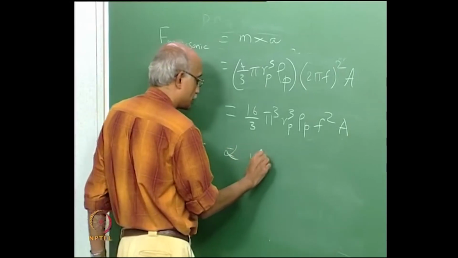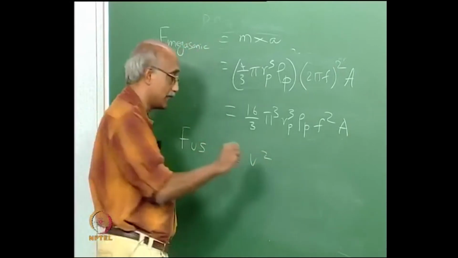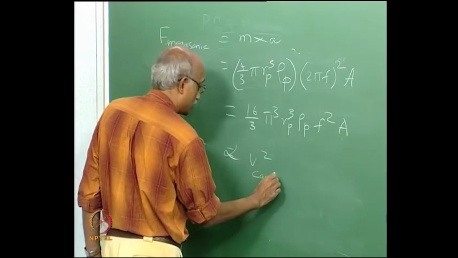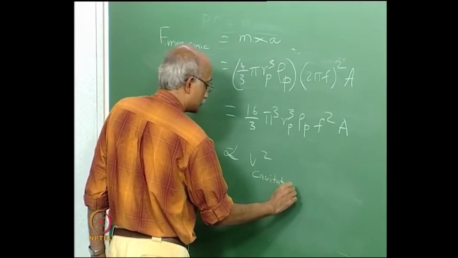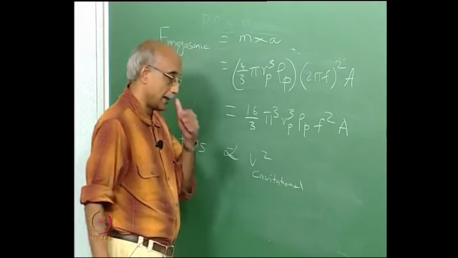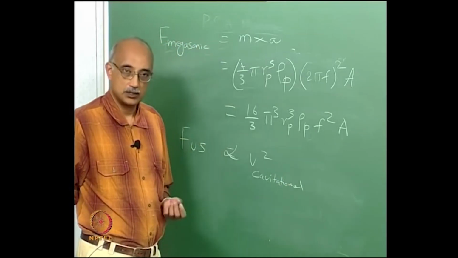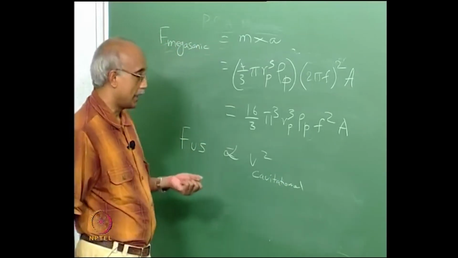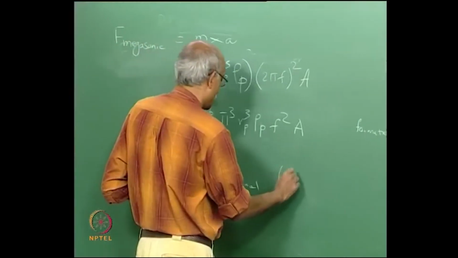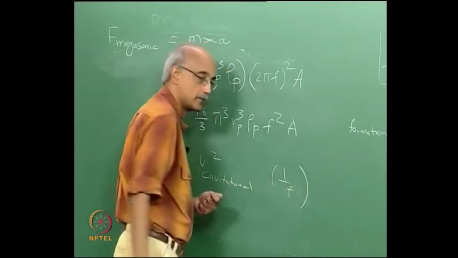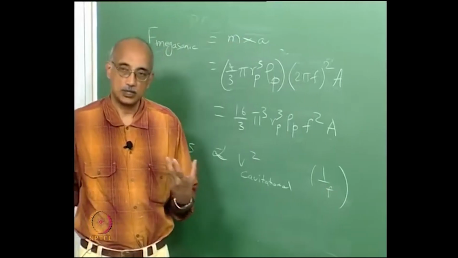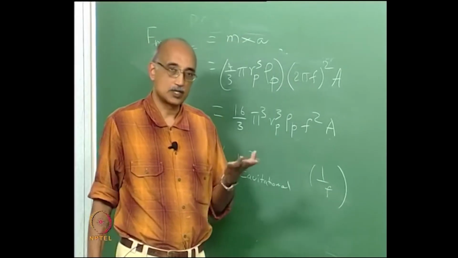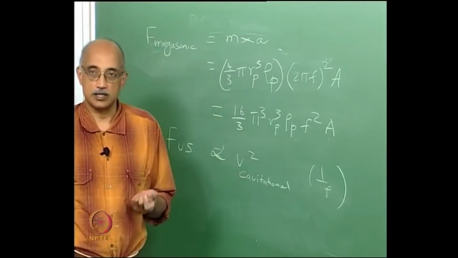This is proportional to v squared, where this v is now the cavitational velocity, and the cavitational velocity goes as 1 over f. So, as the frequency drops, the cavitational velocity will increase correspondingly.